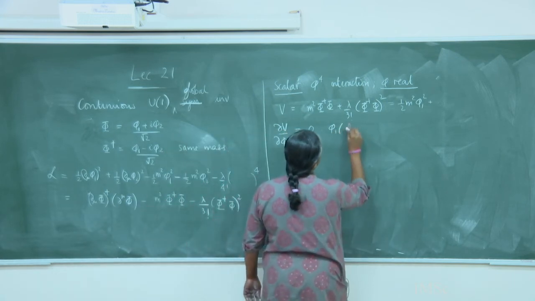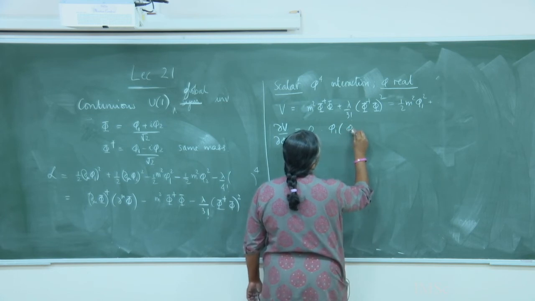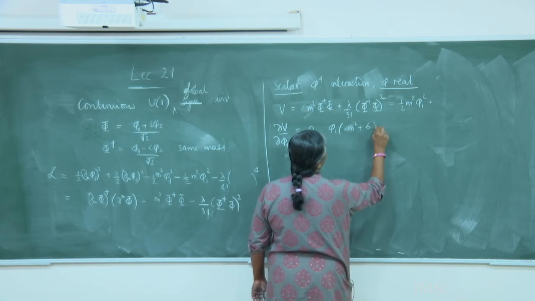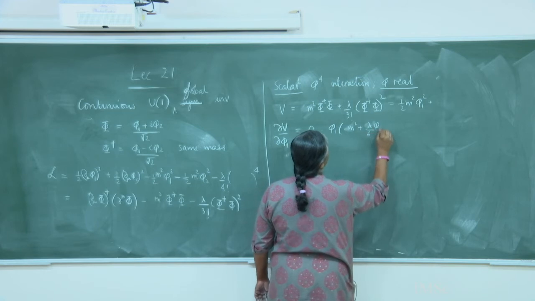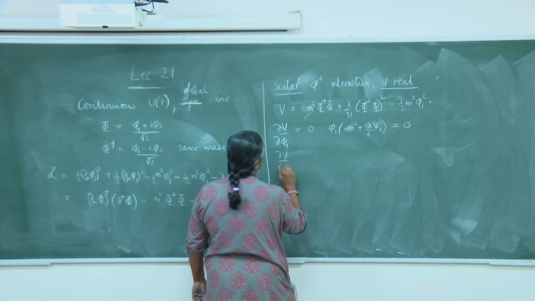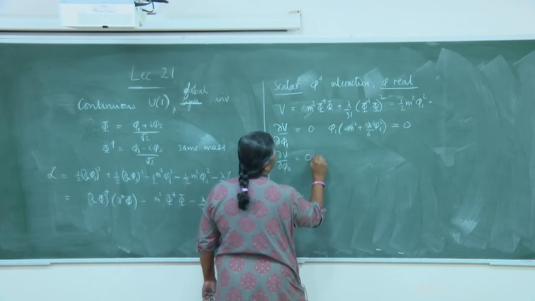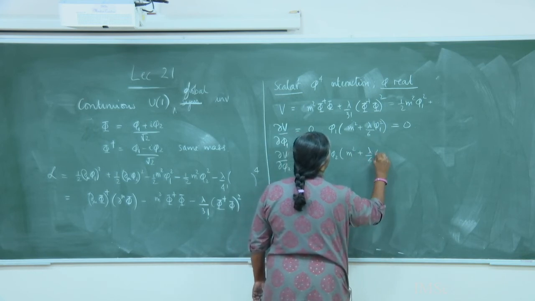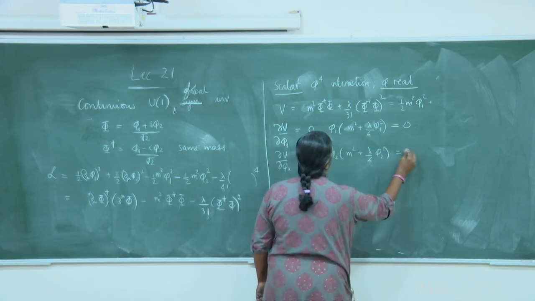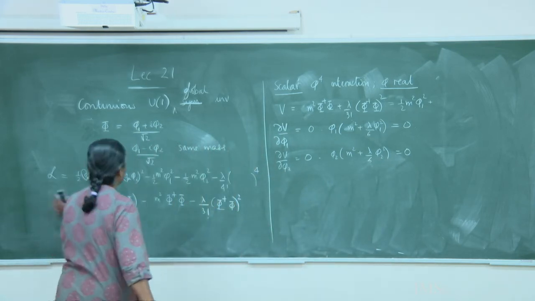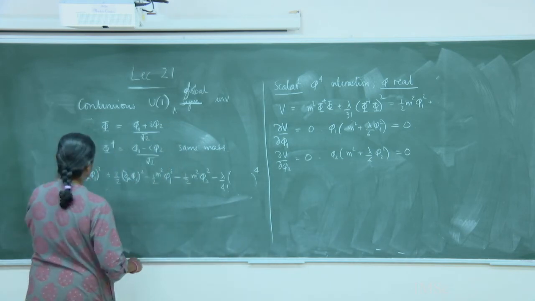So I will get phi 1 into m squared plus lambda by 6 phi 1 squared is equal to 0, and if I do dV by d phi 2 equal to 0, I will get phi 2 into m squared plus lambda by 6 phi 2 squared is equal to 0. I mean, you can see that from here, no? Maybe I should just do it here where I have actually written the terms. So let me write only V.